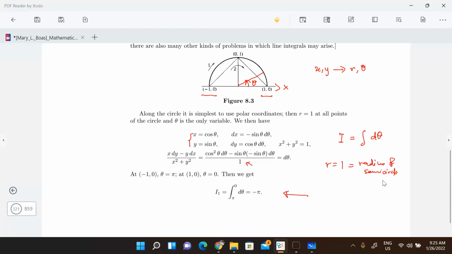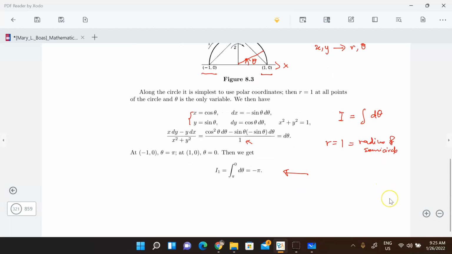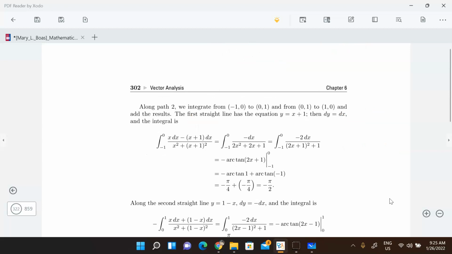Now let's try to do the other path, which is going from the straight line from minus 1, 0 to 0, 1, and then from 0, 1 to 1, 0. So let's do it step by step. It's on the other page. So from minus 1, 0 to 0, 1, one has to remember what that particular line is.